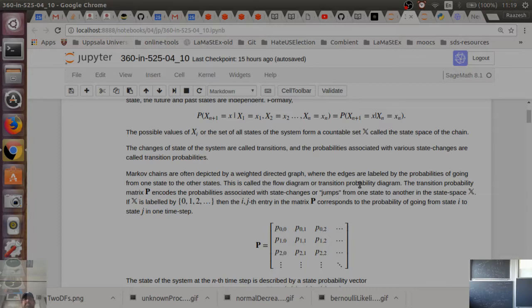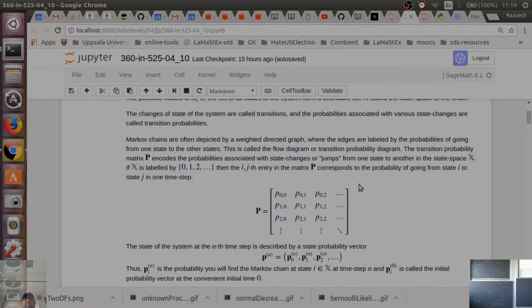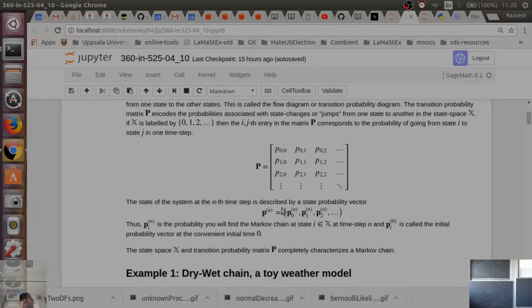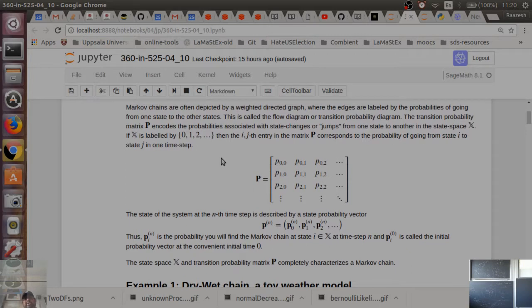Okay. So then the way you would encode this probabilistically, what is a probability model? It's this matrix called bold P. It's called the transition probability matrix. So the first thing you need to encode is what are the possible values that the random variable can take, right?